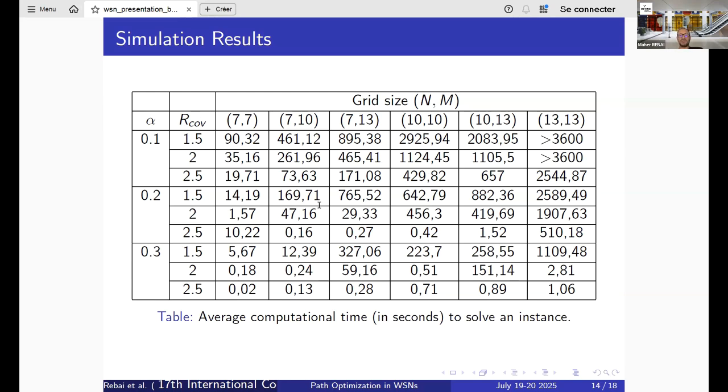This result may be explained by the fact that when the coverage range increases, the solution space expands and thus simplifies the search for a solution, despite the increasing number of decision variables in the constraints.